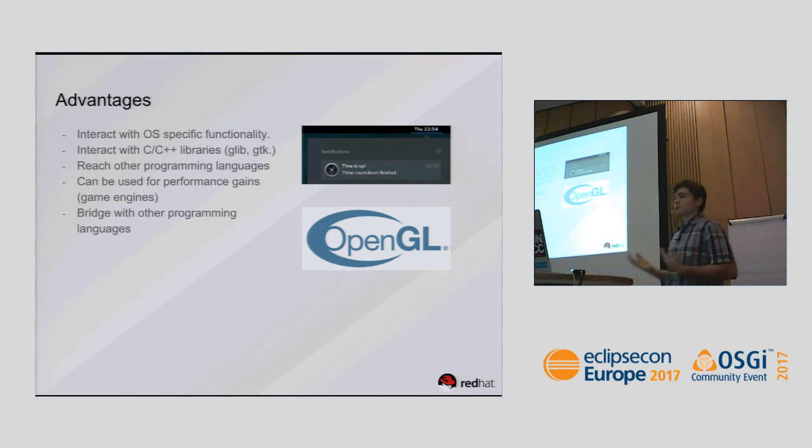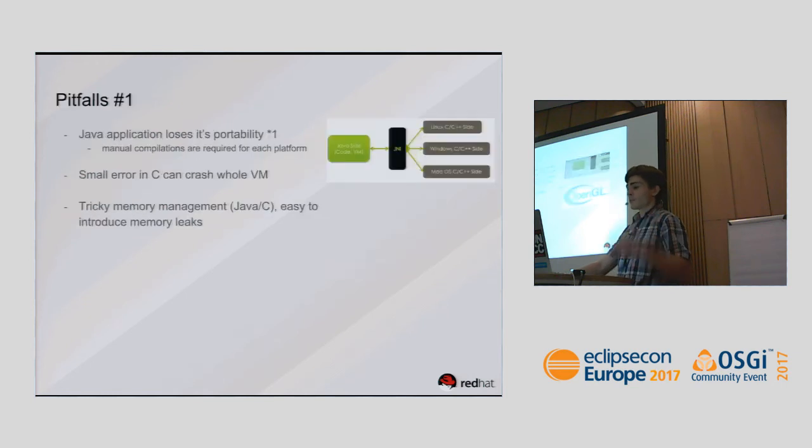You can also use OS-specific libraries, like interact with OpenGL and a bunch of other cool things. That's essentially what SWT does. We interact with the operating system quite natively. It can be used if you care a lot about performance, but you need to be careful because you can actually introduce performance overheads. And JNI is great if you need to call other languages from Java.